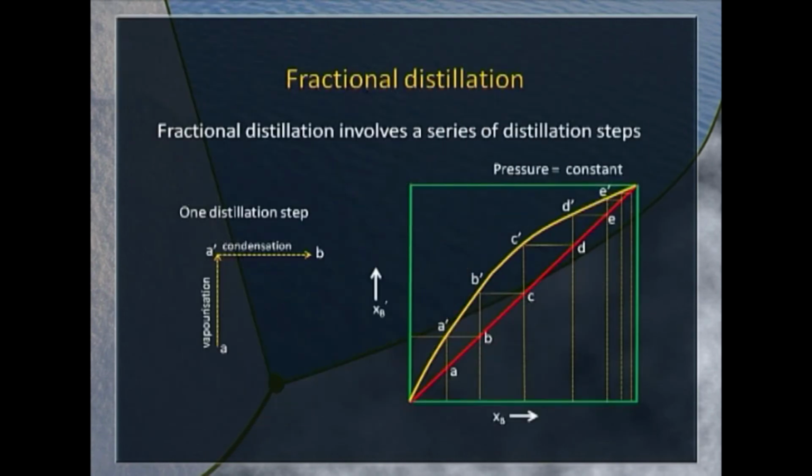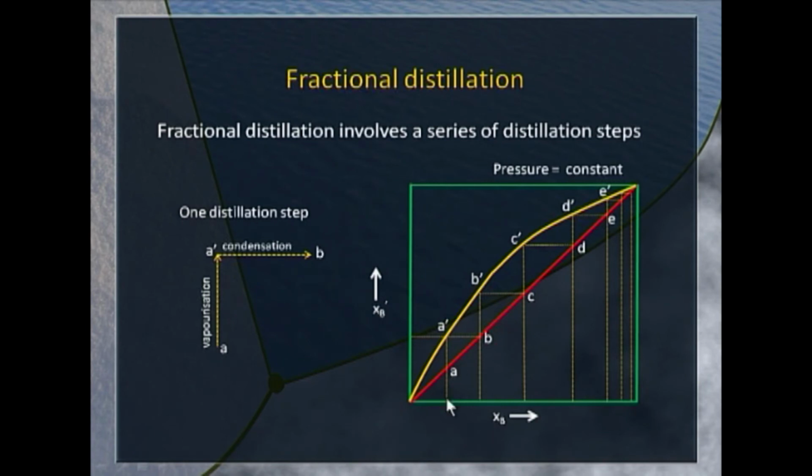Fractional distillation involves a series of distillation steps. This diagram illustrates that exactly. We can see in this diagram what we have plotted. We have plotted XB, the mole fraction of component B in the liquid phase, versus XB prime, the mole fraction of the same component B in the vapor phase.